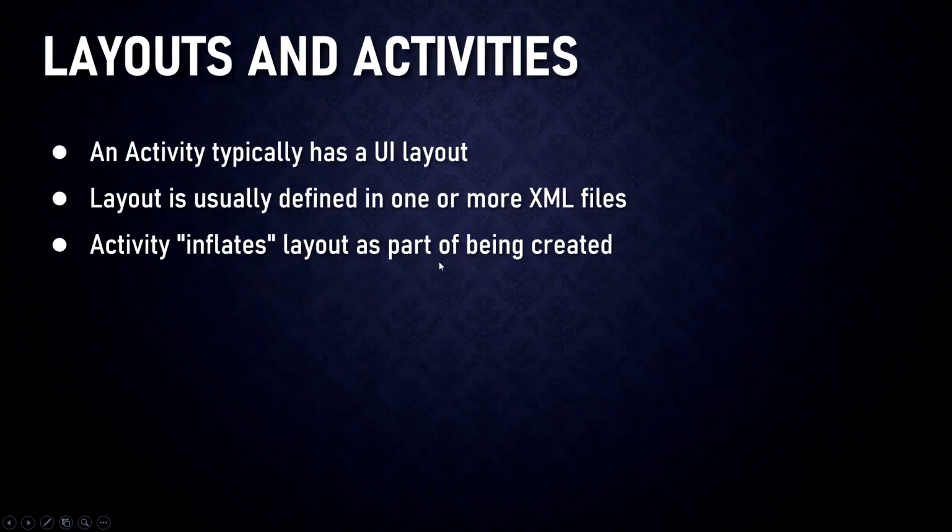And let's see the layout and activities relationship. An activity by default comes with a layout, right? When we create our main activity, it comes with the activity main layout, because an activity by default can't give a meaningful screen for us without a user interaction layout. So we define a layout so that it can interact with our activity. Once we create the layout, we can inflate that layout with our activity, inside the onCreate method.